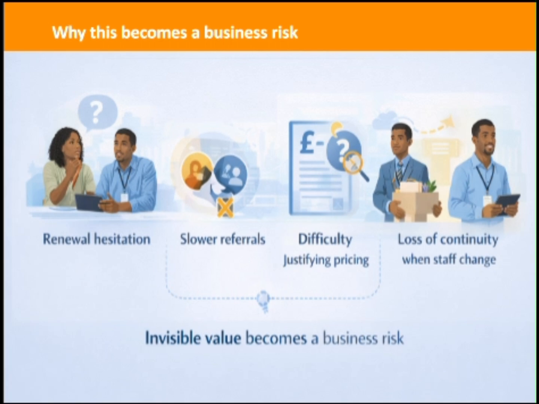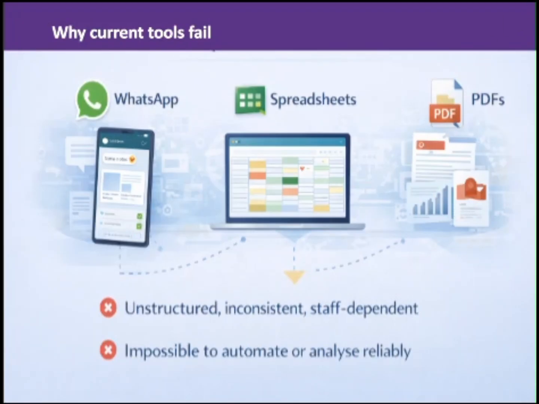So next, to justify why I feel this is a big business risk, because I notice most of them currently try to solve most of these problems. So that is why I created this slide, current tools phase, because they try to solve most of these problems using spreadsheet, just like it's shown in this slide, using WhatsApp photos, using PDF.